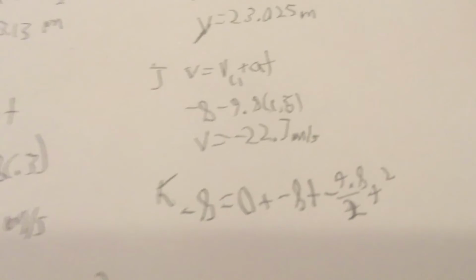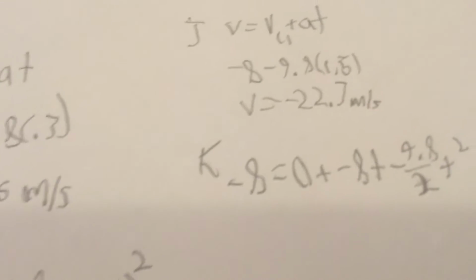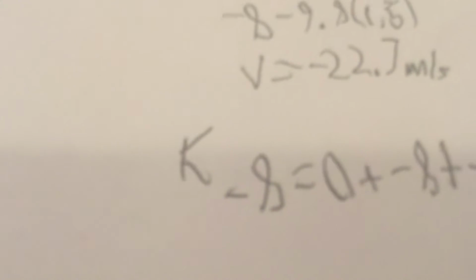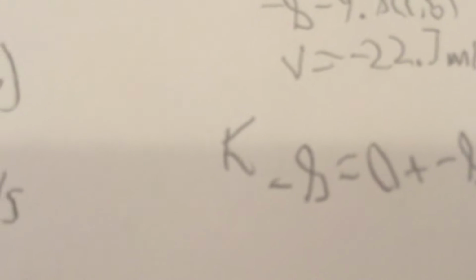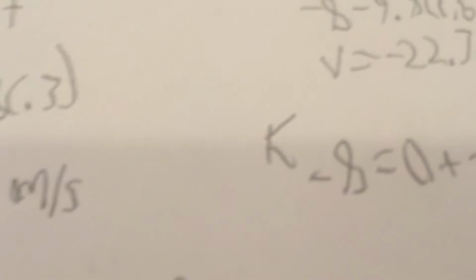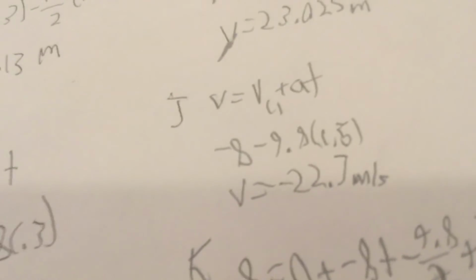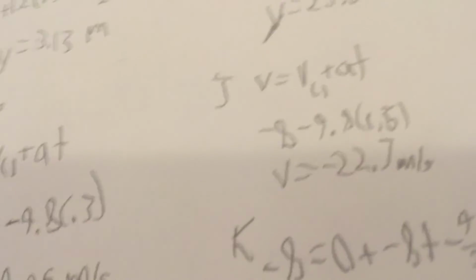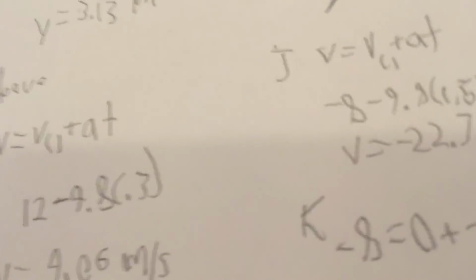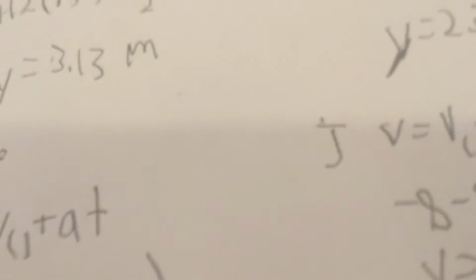So it's 8 minus 8x minus 9.8 divided by 2 x squared.